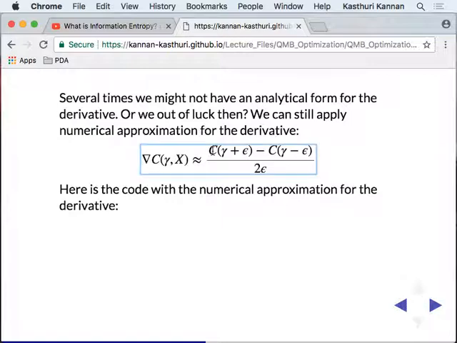If you know elementary calculus, what's a derivative? It's a limit of the variable tending to the value, right? f of x plus delta x minus f of x, divided by delta x. Remember? That's the same as this: you take the parameter, you add a small epsilon, subtract, and then you divide, right?